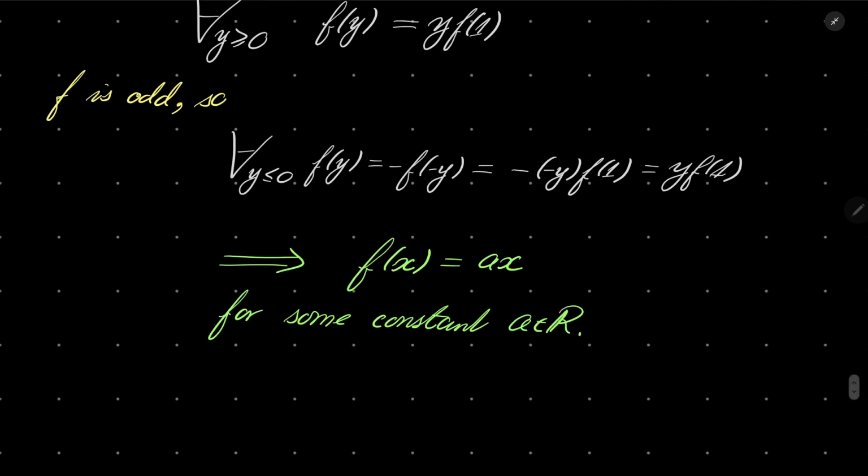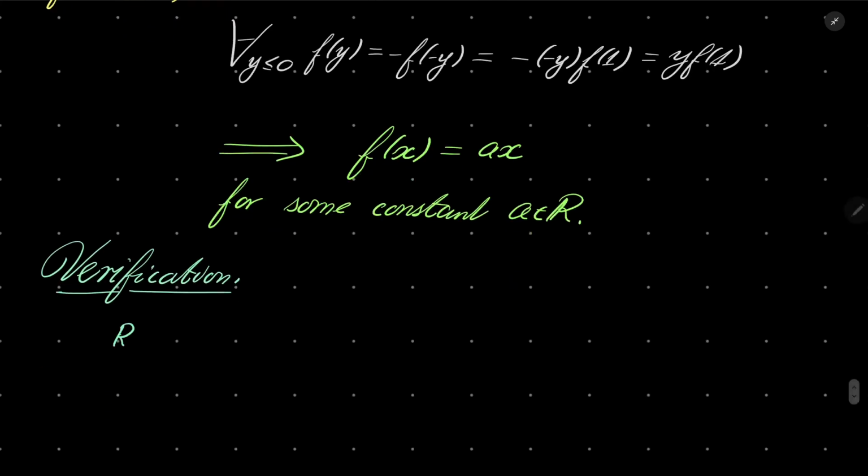Very well, and now let's do verification. We need to verify that every such function satisfies our equation. Verification is very straightforward. On the left-hand side, we have f of x squared minus y squared, which is a times x squared minus y squared.